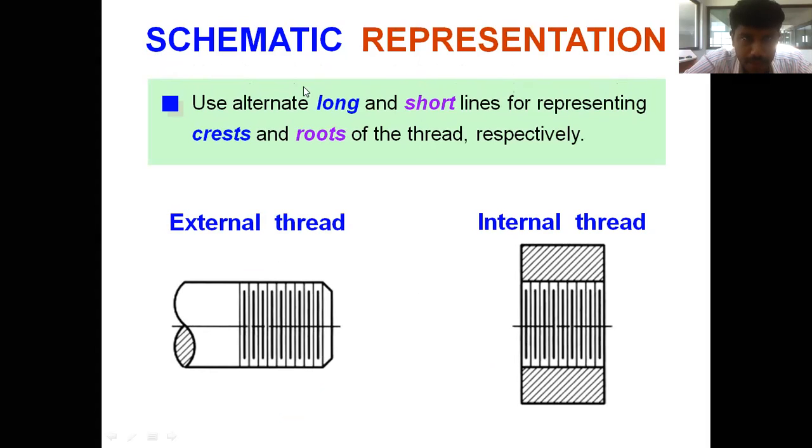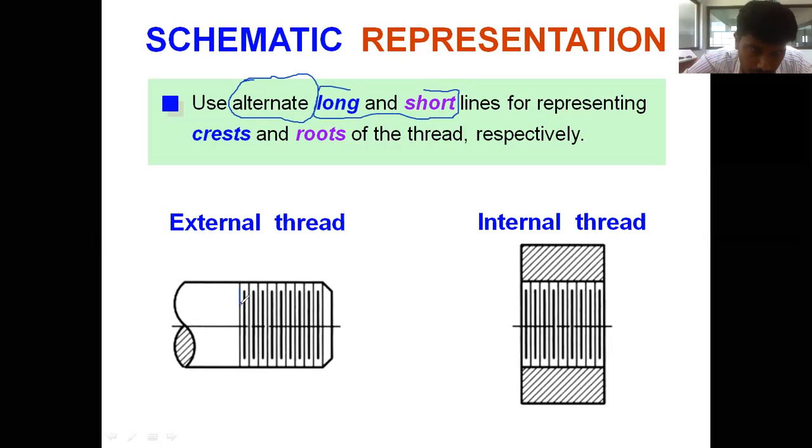The schematic representation uses alternate long and short lines for representing the crest and roots of the thread respectively.